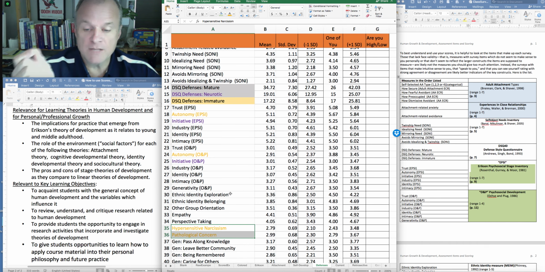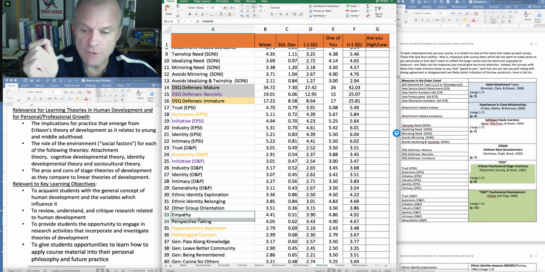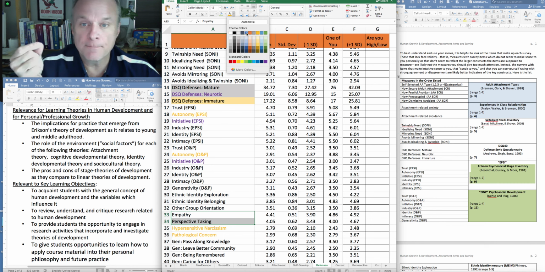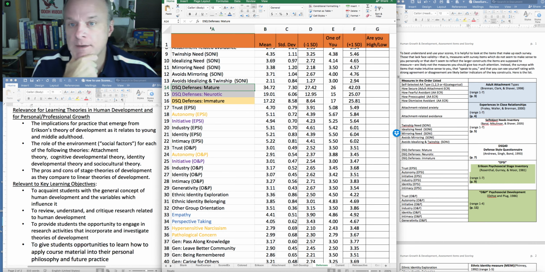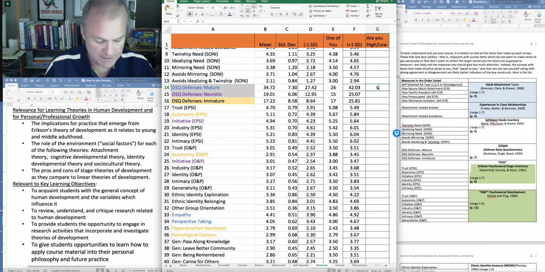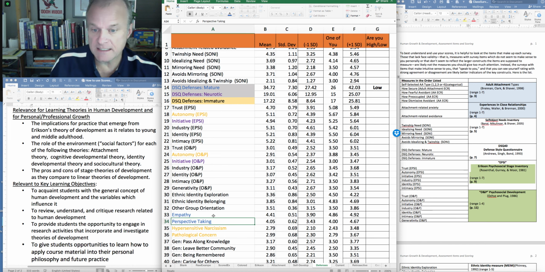Now, another thing I might as well just point out here is these two constructs of empathy and perspective taking are required for, they're related to mature defenses. So I'm going to go ahead and make the mature defenses blue here, and we can see that people who are high in mature defenses, or in this case, low in mature defenses, probably are going to be low, or should be low, in these constructs as well.